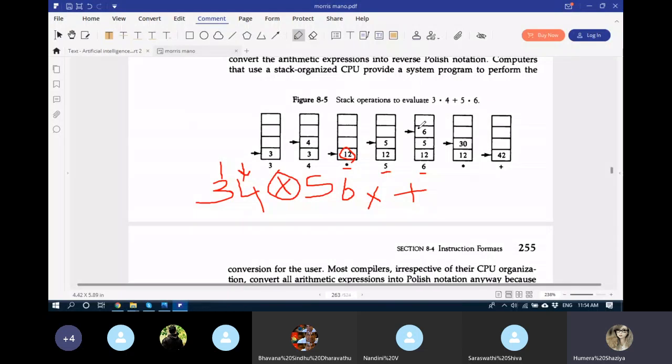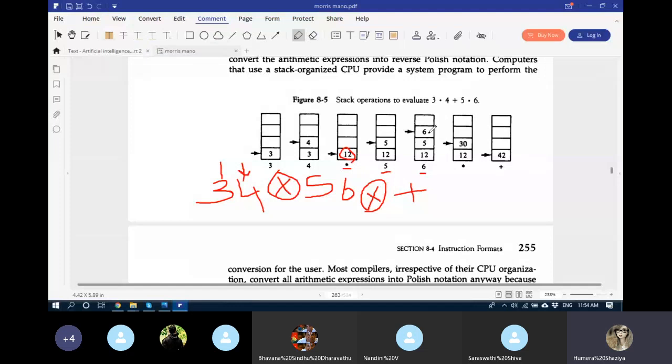Operand means push. Asterisk. Asterisk is operator. Operator means pop two elements. So the first element in the stack to be popped is 6, which is the last one to be pushed. But as per this stack pointer, this is the first. So this one is popped.